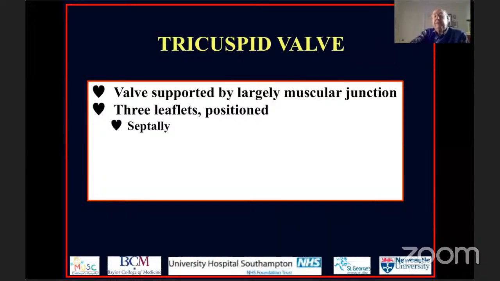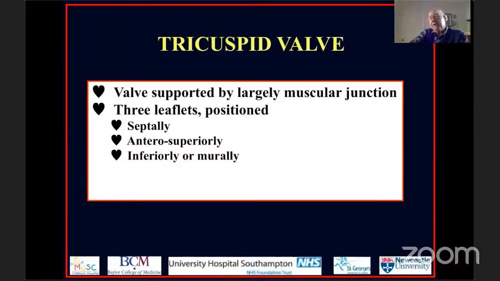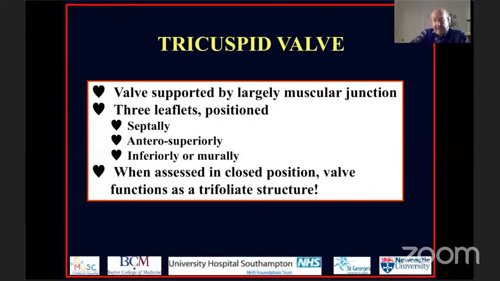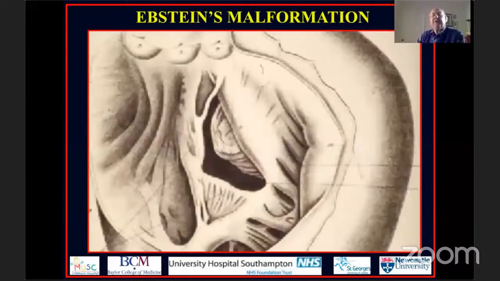And they are positioned septally, anterosuperiorly, and remember, when viewed in attitudinally appropriate fashion, the third leaflet of the tricuspid valve is inferiorly located and hugs the wall of the diaphragmatic surface of the right atrioventricular junction. So we can also call it the mural leaflet. And then remember, when the valve is functioning normally, it functions as a trifoliate structure.